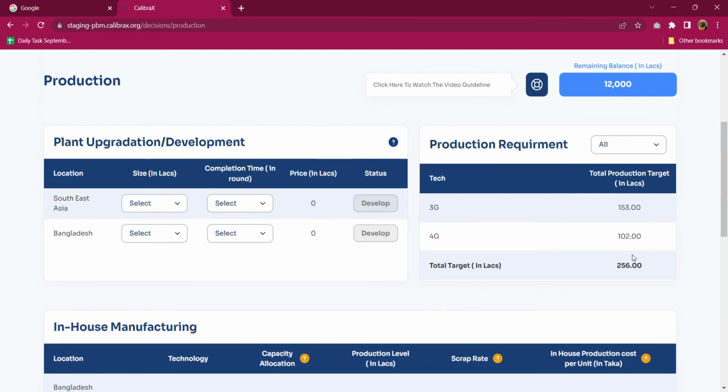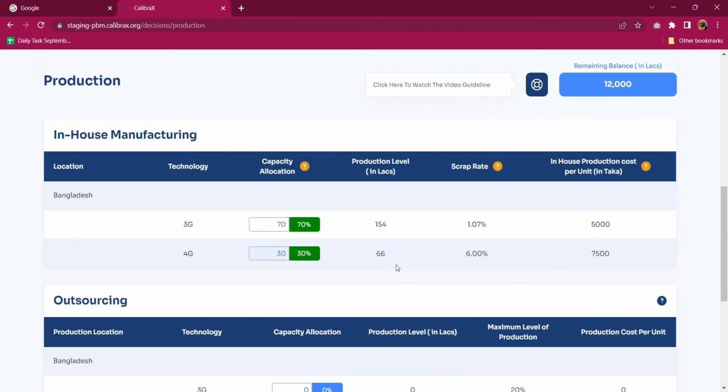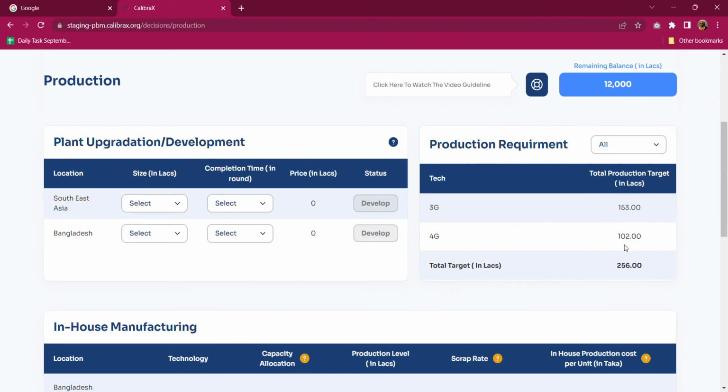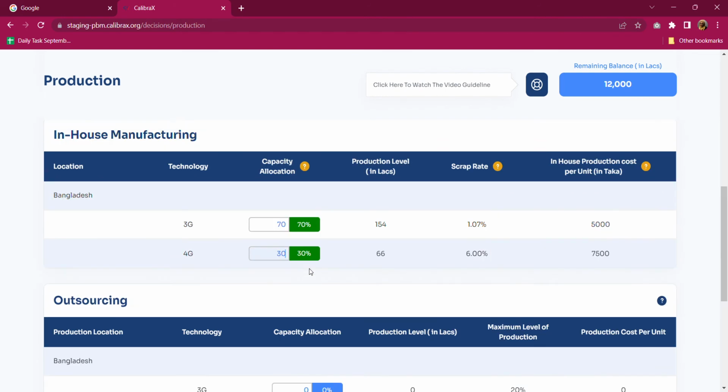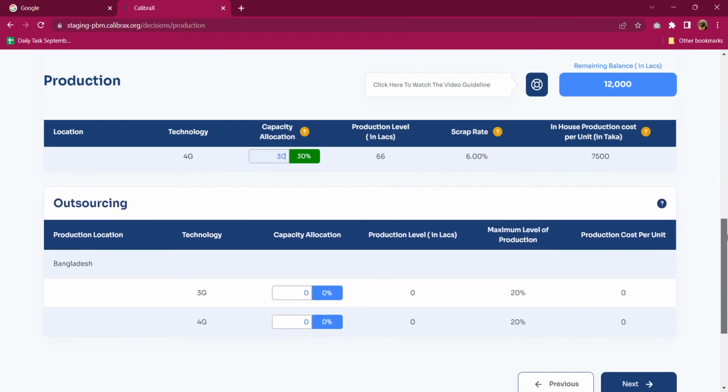Now, for the extra target that we are going to produce, we have a chance of producing by outsourcing. For 3G we do not need to produce anything from outsourcing, so we are allocating 0. And for 4G we are going to produce by outsourcing.